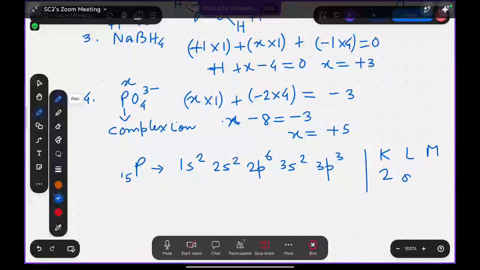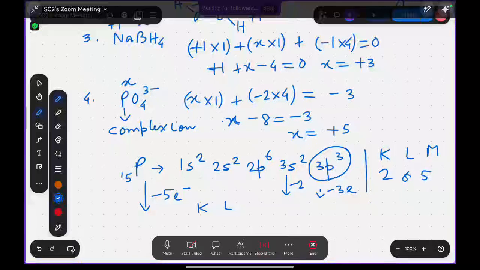Now see, if you remove the 5 electrons from the last shell, that means 3 electrons from 3p and 2 electrons from 3s, that means if 5 electrons are lost, then it becomes the KL configuration 2, 8.